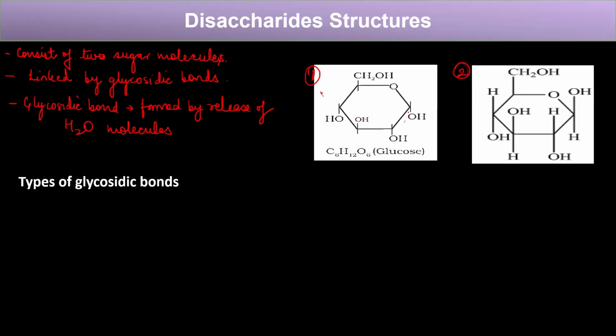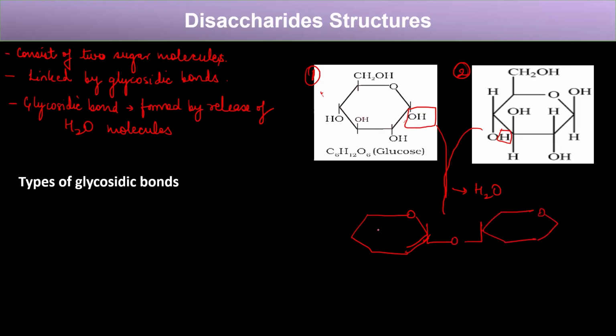The water molecule will come from one molecule's OH and the second molecule's H, right? So this water molecule will be released, and you will have a structure something like this. This will be your glycosidic bond.